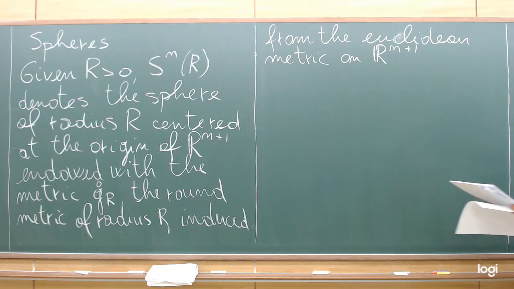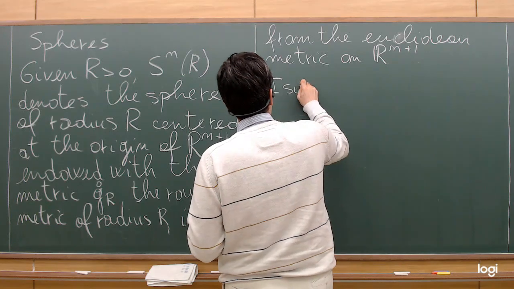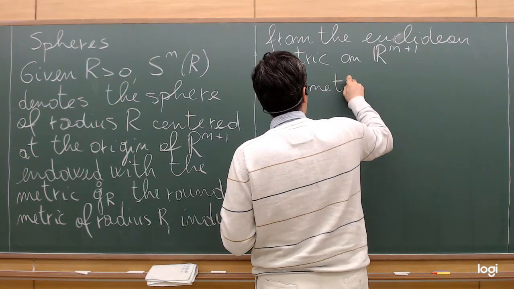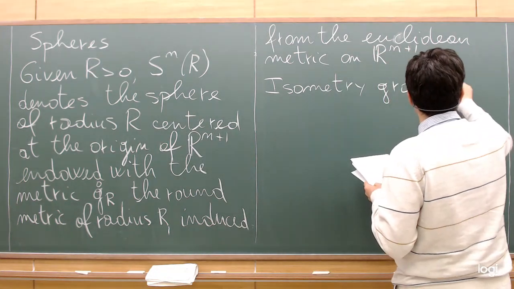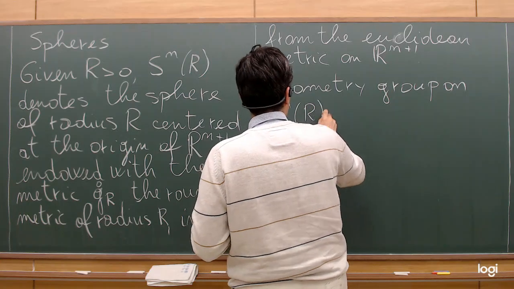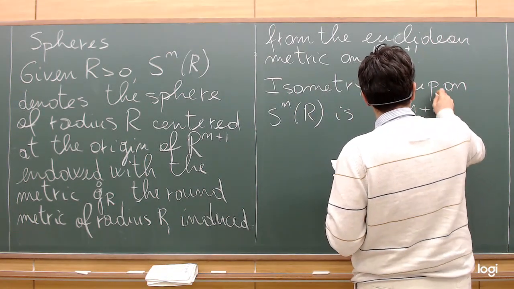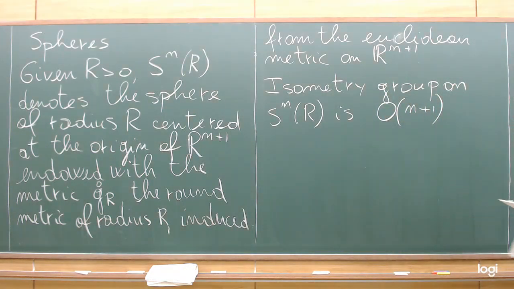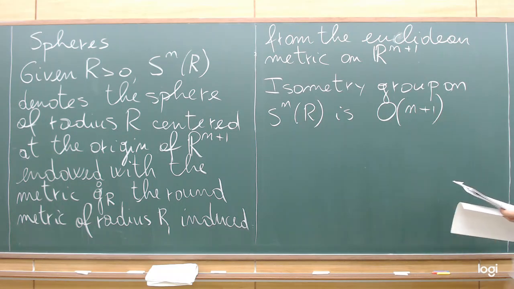It is possible to prove that the isometry group of S^n_R is O(n+1). That is the group of orthogonal matrices, n plus 1 times n plus 1 orthogonal matrices.